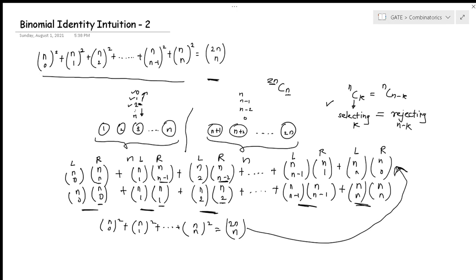So it's equivalent to 2nCn, but we later did some intuitive simplification and reached the conclusion that this is equivalent to 2nCn. I hope this part is clear to you and you enjoyed this video.